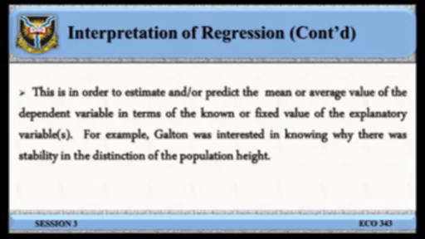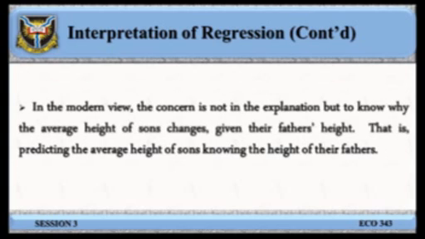For example, Galton was interested in knowing why there was stability in the distribution of the population height. In the modern view, the concern is not in the explanation but to know why the average height of sons changes given their father's height. That is, predicting the average height of sons knowing the height of their fathers.